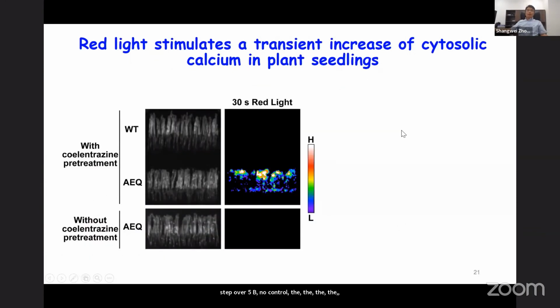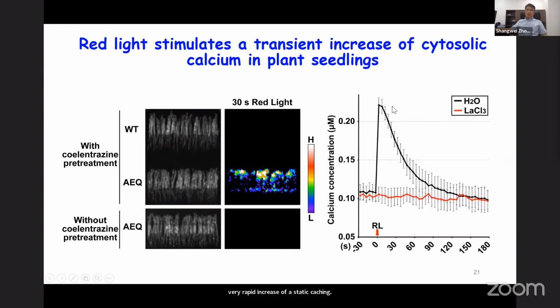So in our studies, we found that when exposing dark-grown seedlings to red light, the red light will stimulate a very rapid increase of cytosolic calcium in the seedlings in less than 1 minute. And this cytosolic calcium increase will return to the basal level also very fast, in 1 minute. So red light exposure can induce a calcium signal in etiolated seedlings.